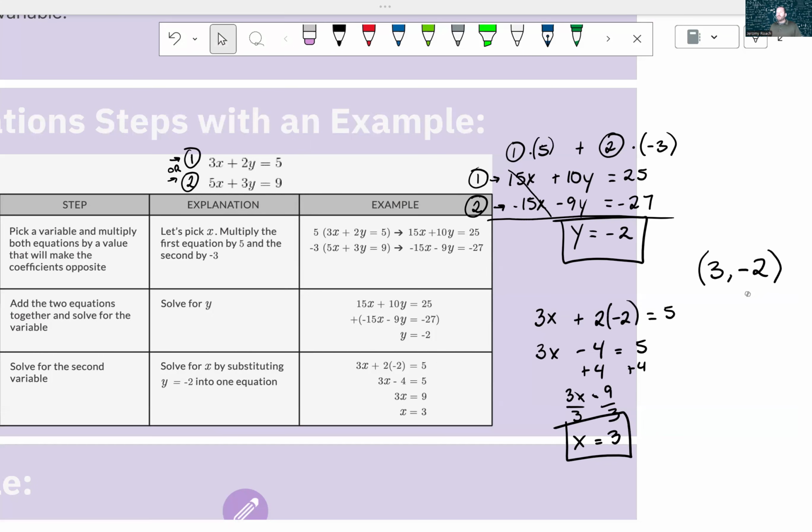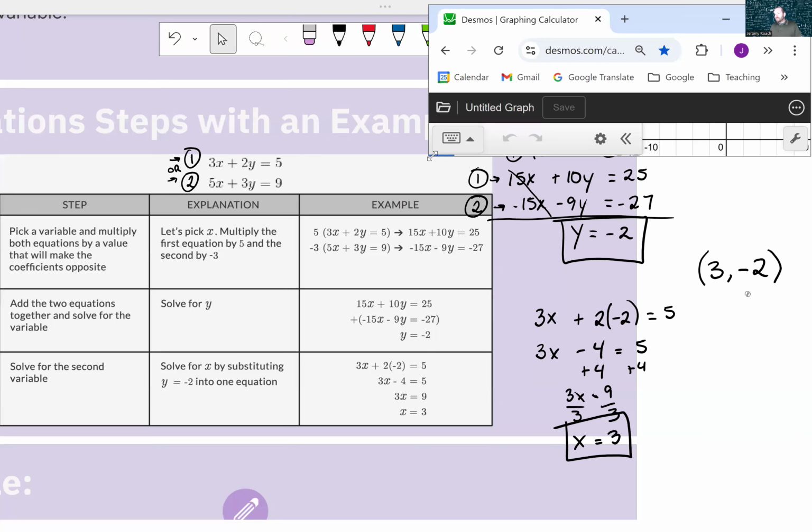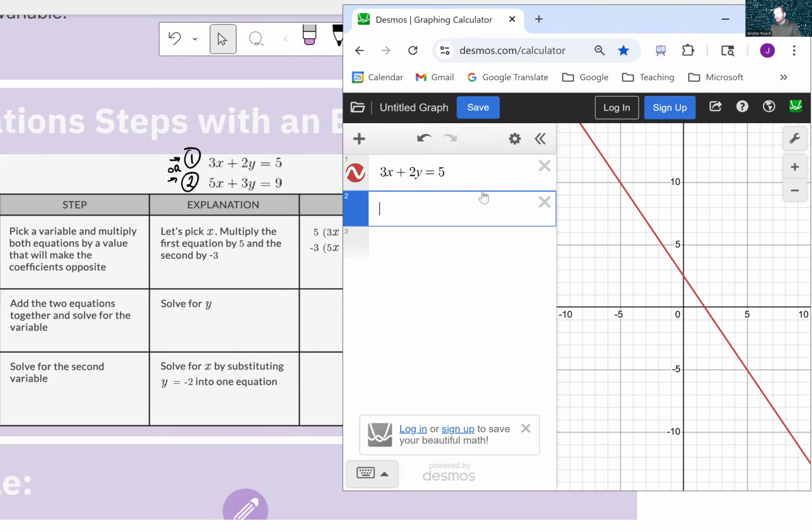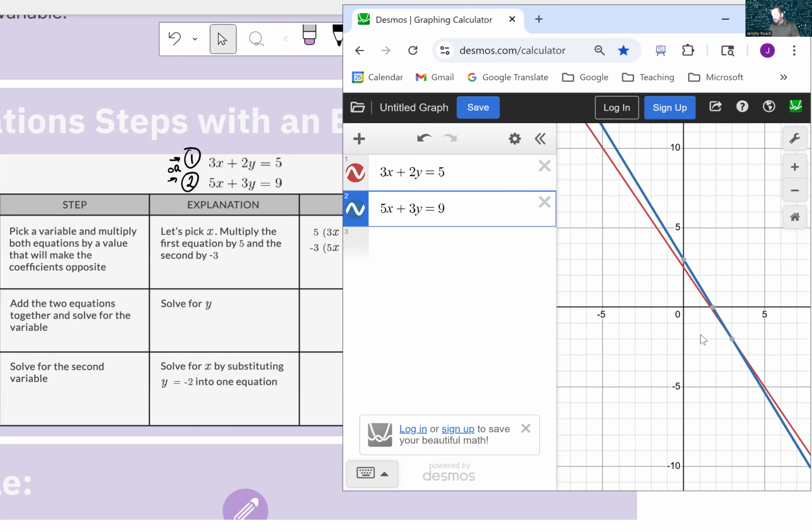So I want to go to the graphing part to show you what this 3 negative 2 means. So I'm just going to type in equation 1 and equation 2 into Desmos. Okay.